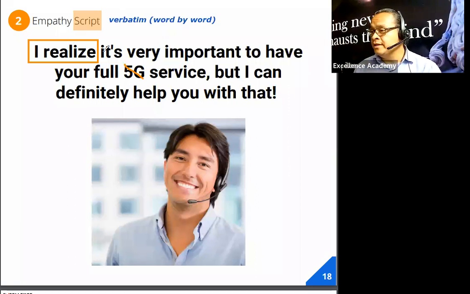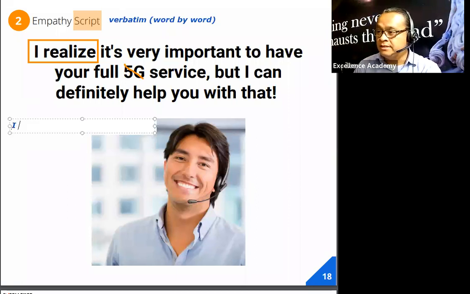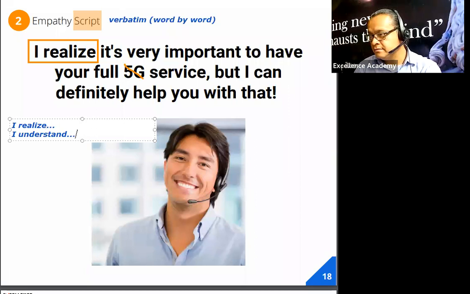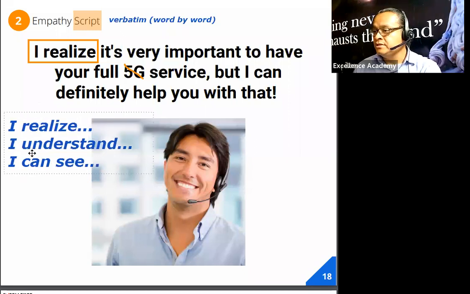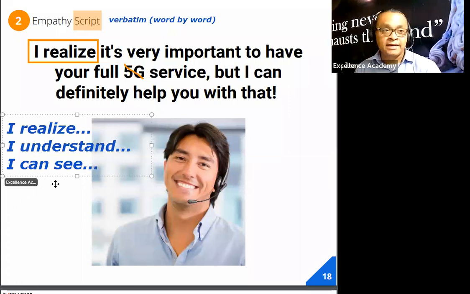So the first one is an empathy phrase. Empathy phrases start with verbs like, for instance, I realize, right? I understand, right? I can see, right? So empathy phrases usually start with verbs like I realize, I understand, I can see. For example, I understand you haven't had service for 3 hours.